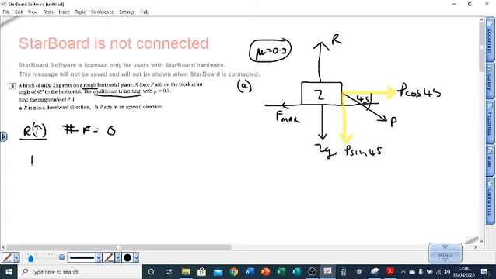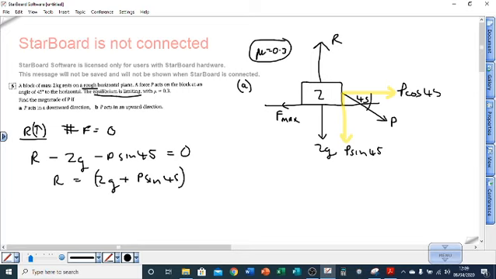So we've got R is the force acting upwards. The two forces acting downwards are negative because they're in the opposite direction, so that's 2g, the weight, and also this component here, which is minus P sin 45. We know the sum of that is equal to 0. So therefore R is quite clearly going to be 2g plus P sin 45.